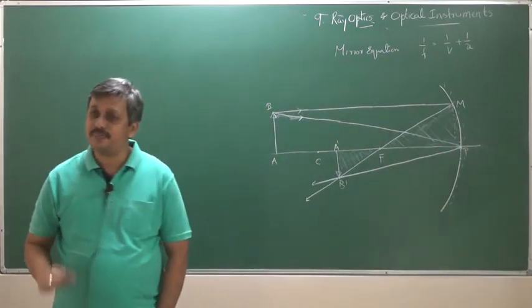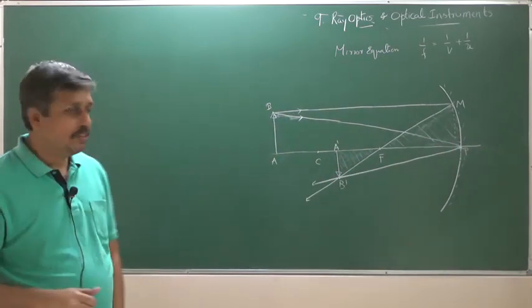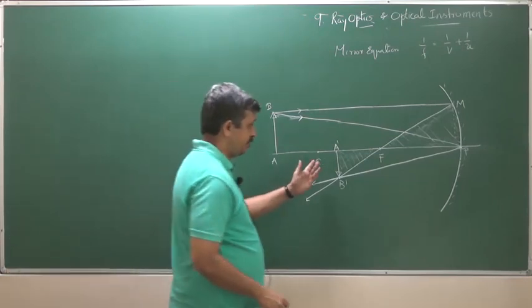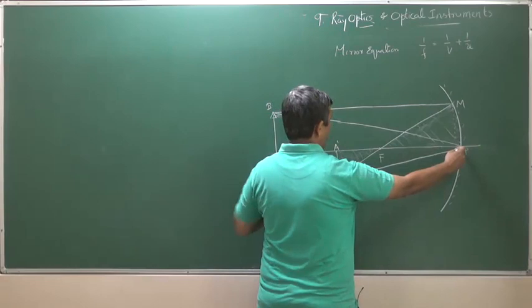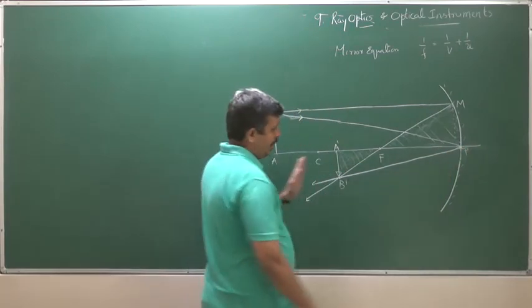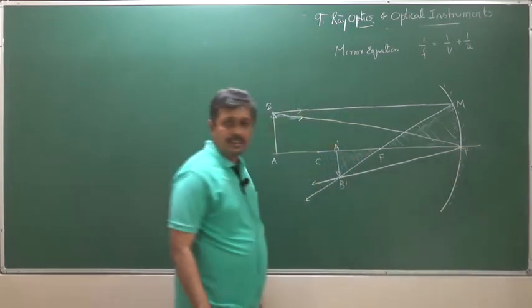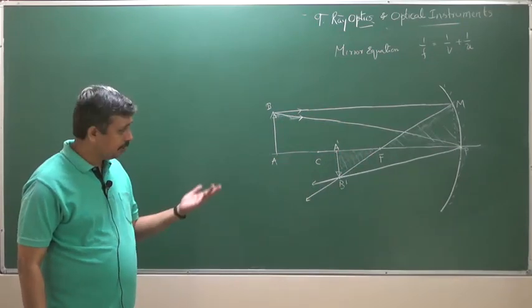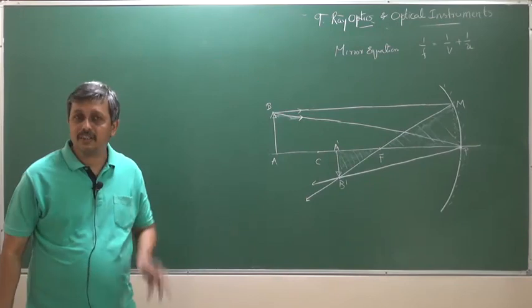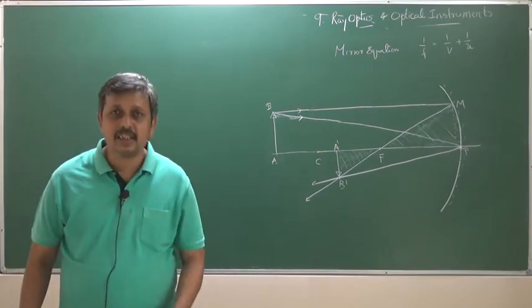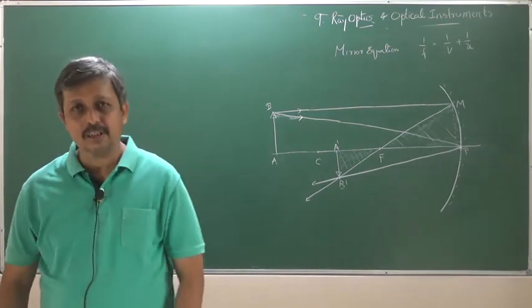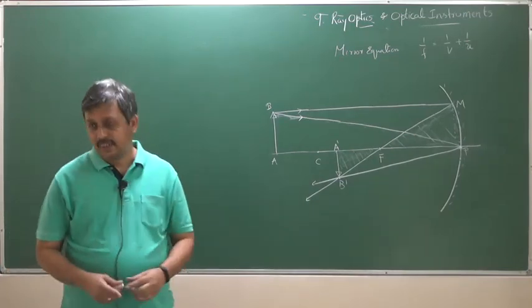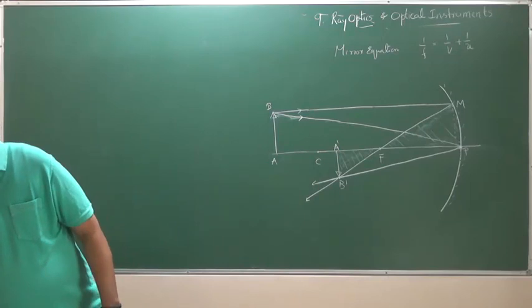See, my aim is very simple. My aim is to find the relationship between the image distance, from here to here, the object distance, from here to here, and the focal length f. So I consider different triangles where those are involved, and which are similar triangles. I'll take the ratios, work through some algebra, and get the answer. That is the whole thing. These are the two triangles I will take, and I will also take two more triangles.